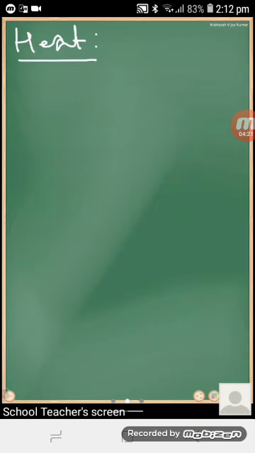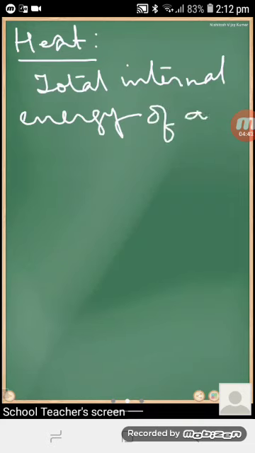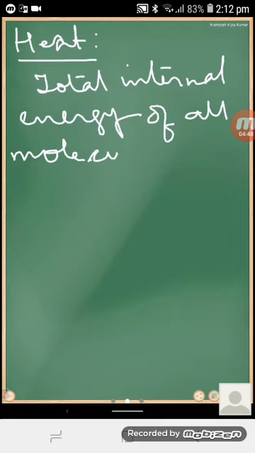So when we are talking about heat, it is the total internal energy of all the molecules of a substance.